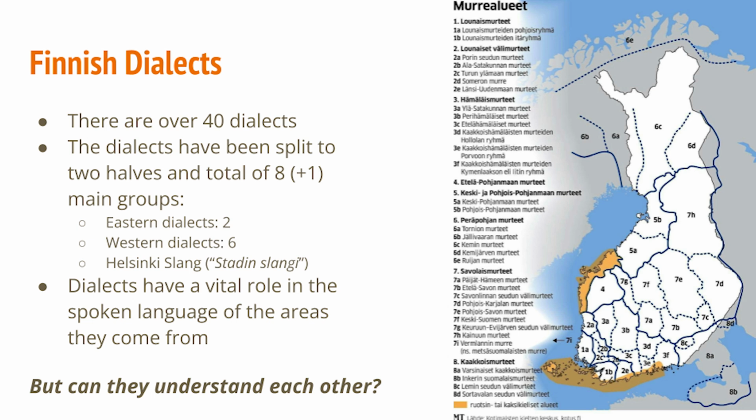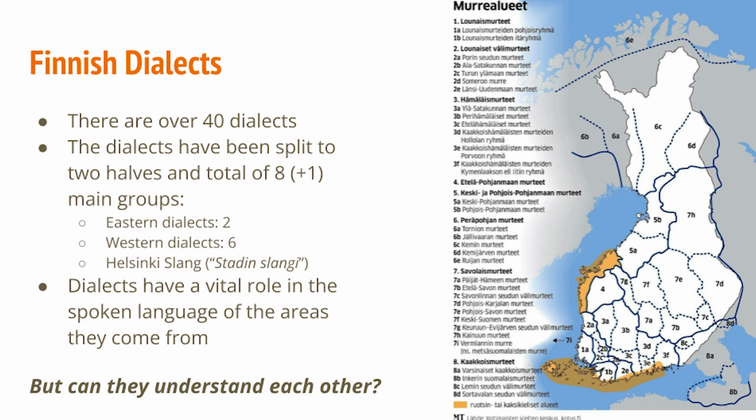And as you may guess, the Western dialects have a bit more influence from Sweden, from Estonia, and depending on the area, there can also be some influence from Norway, but that's only with the very northern ones.